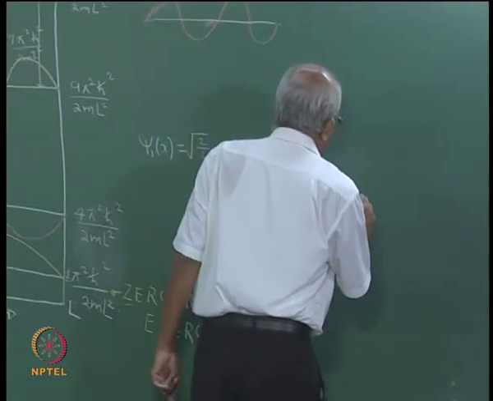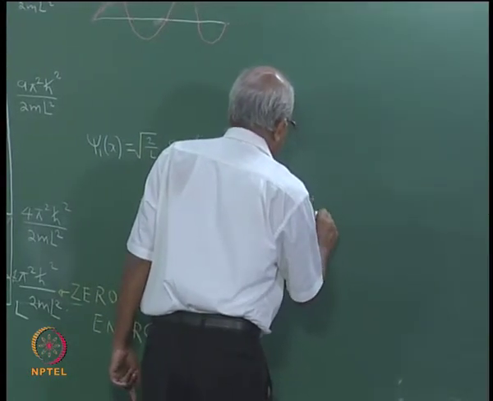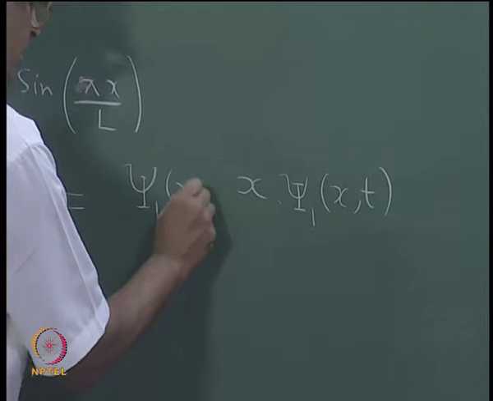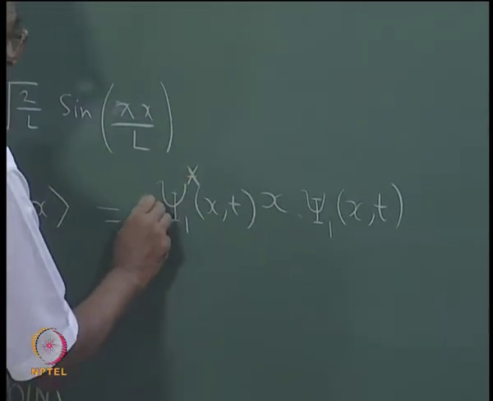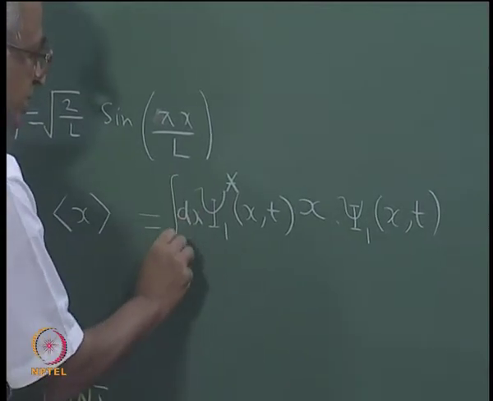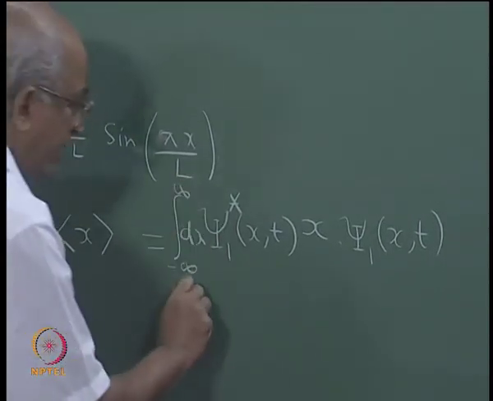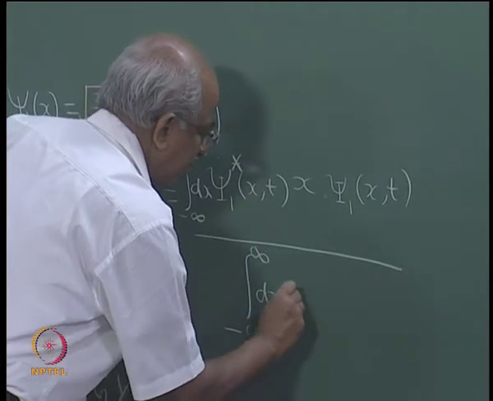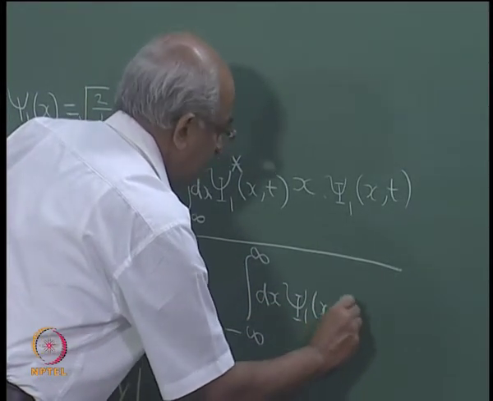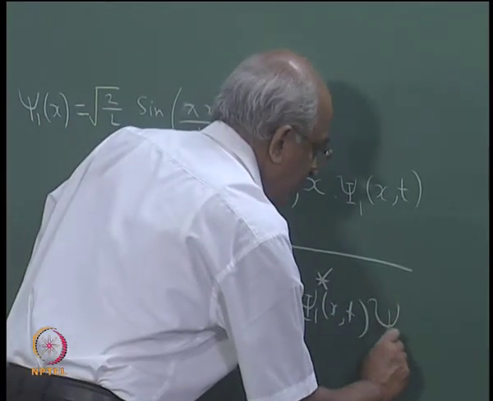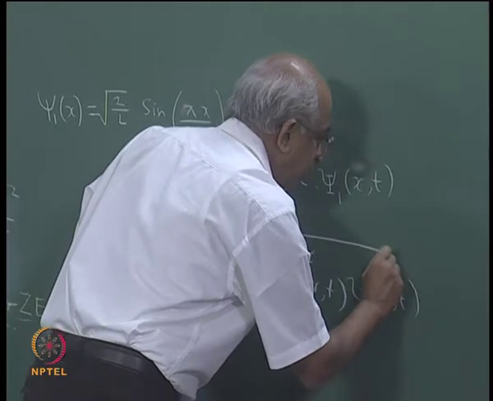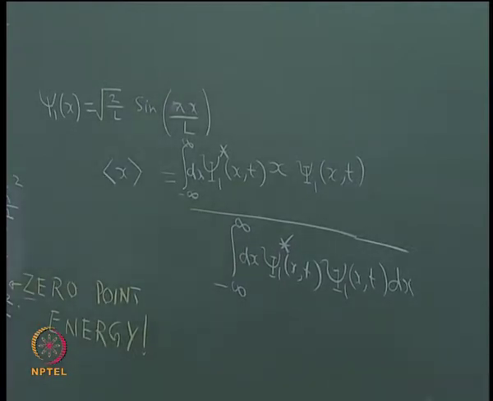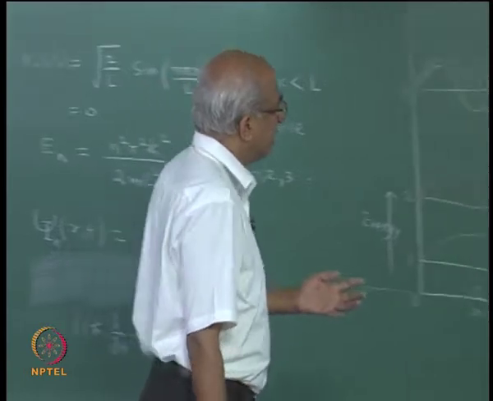I will have to allow that to operate upon, in principle, psi 1 of x t, and psi 1 star of x t, then multiply it by dx, and integrate from minus infinity to plus infinity, and divide this by the integral from minus infinity to plus infinity of dx psi 1 x t star psi 1 x t dx. This is our very detailed expression.